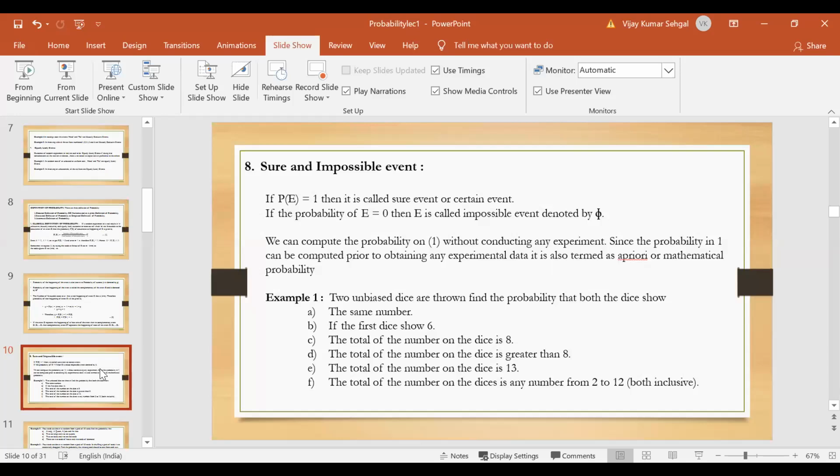Now we have examples based on the classical definition of probability. First example: two unbiased dice are thrown.